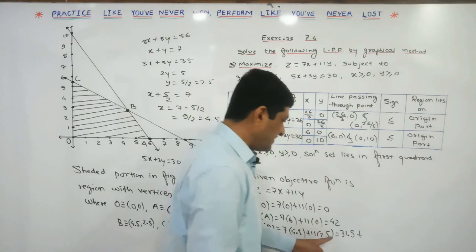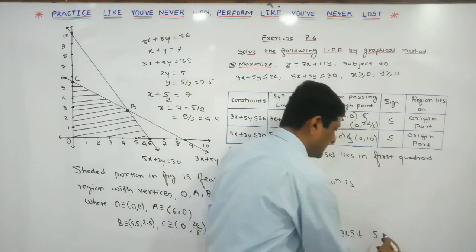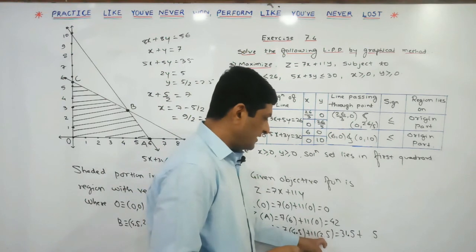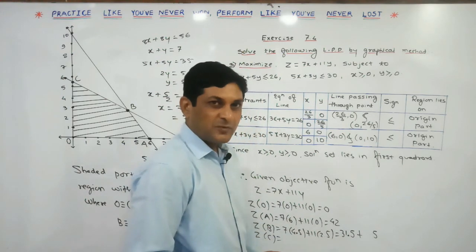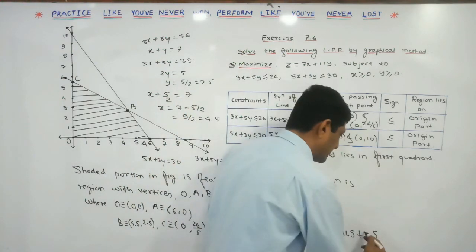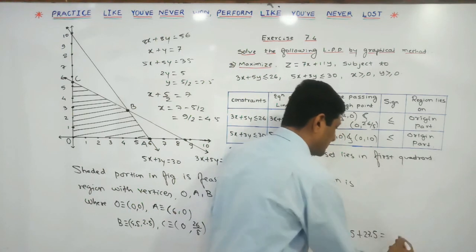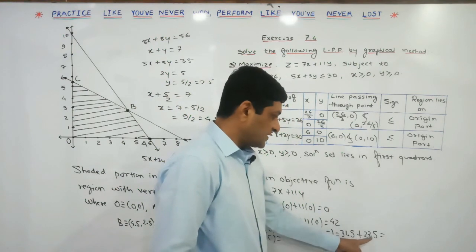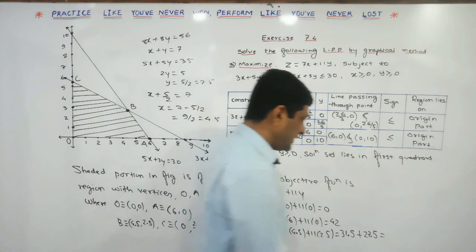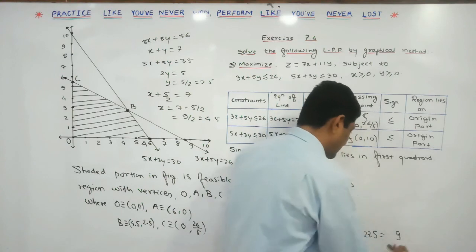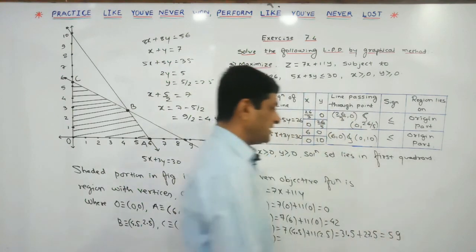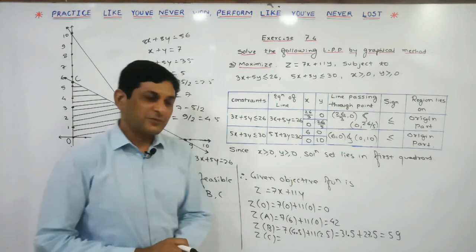Plus 11 fives are 55, carry 5, 11 twos are 22, 22 plus 5 is 27, so 27.5. Adding these two numbers, we get 59.